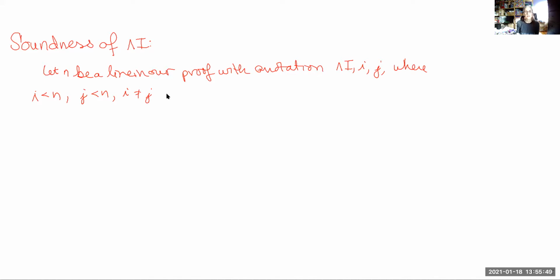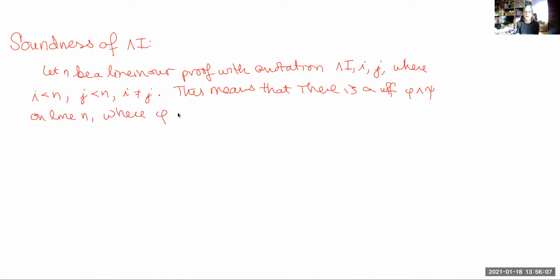So it is a correct instance of the conjunction introduction rule. Now, what this means is that there is a well-formed formula phi and psi on line n, where phi occurs on line i and psi occurs on line j.